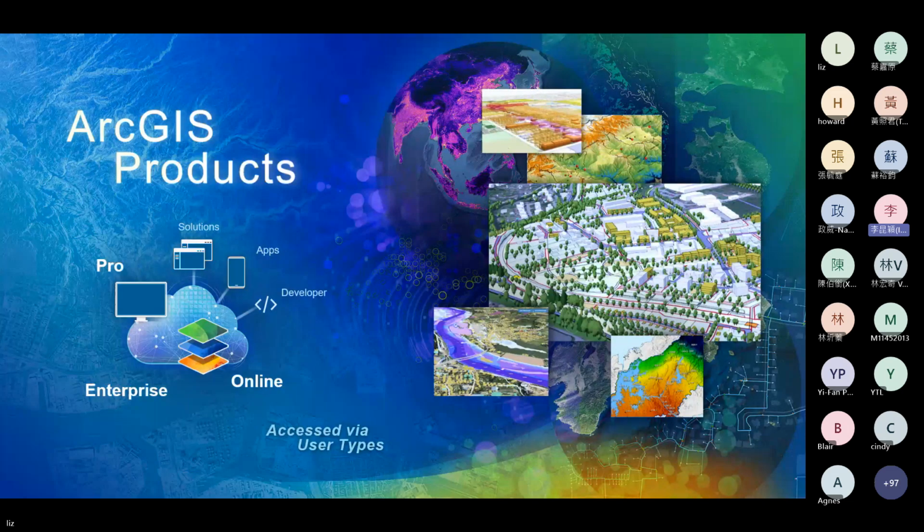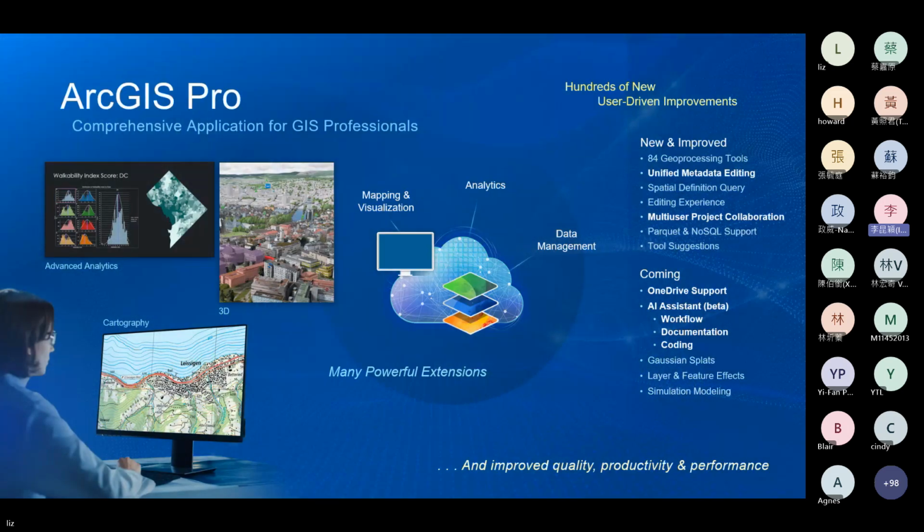And we see ArcGIS as a single system that is built on 3 foundational products. We have Pro, Online, and Enterprise. And we continue to simplify access to these products and capabilities through user types. The latest releases in ArcGIS Pro focused on quality, performance, and productivity enhancements.